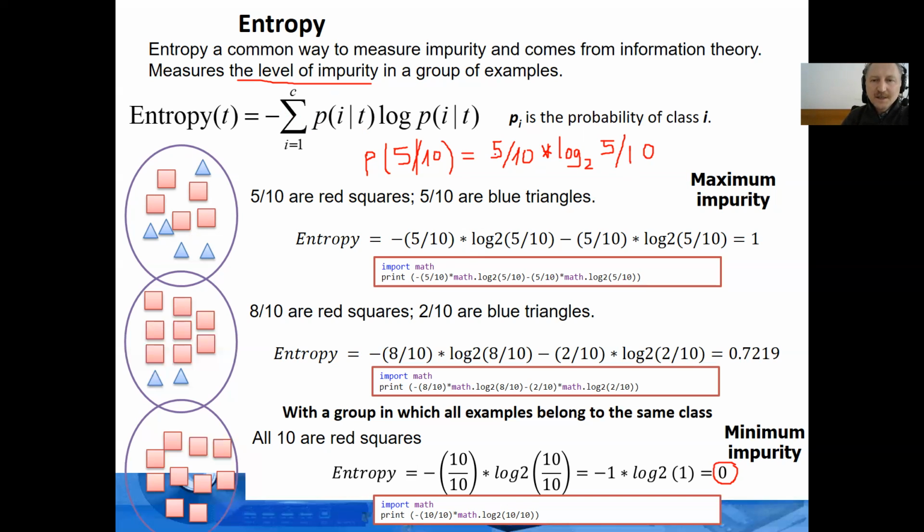Since there is a minus in front of it, we keep the minus. Now what is the probability of the second class?